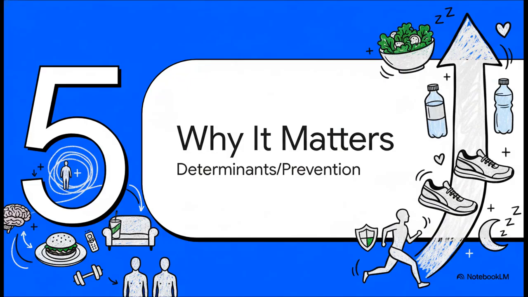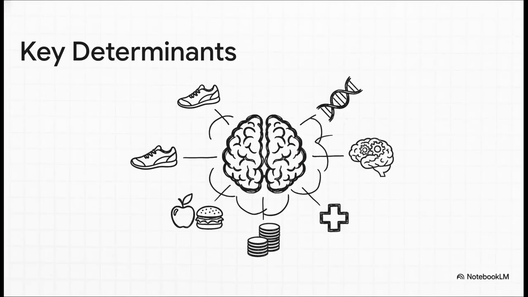Okay, so we've defined it, we've figured out how to measure it, but why does any of this actually matter? What are the things that contribute to obesity, and what can we do to prevent it? The honest truth is, the causes are incredibly complex. There's no single reason. It's what we call a multifactorial condition, meaning it's influenced by this really intricate mix of our genetics, our lifestyle choices like diet and exercise, our socioeconomic status, and even our psychological well-being.